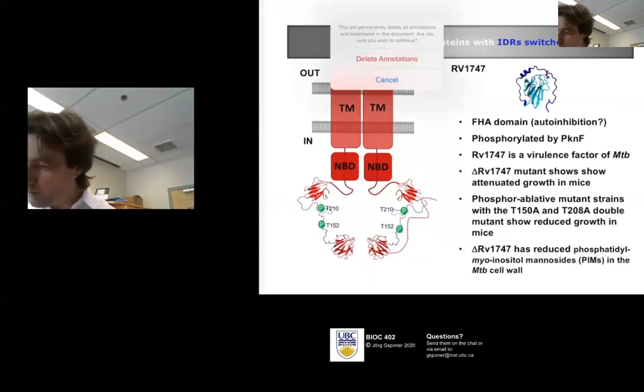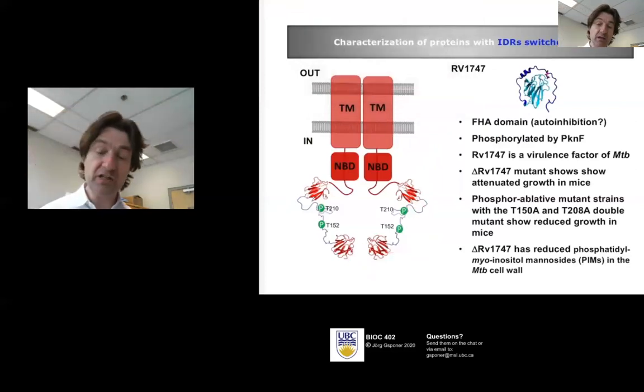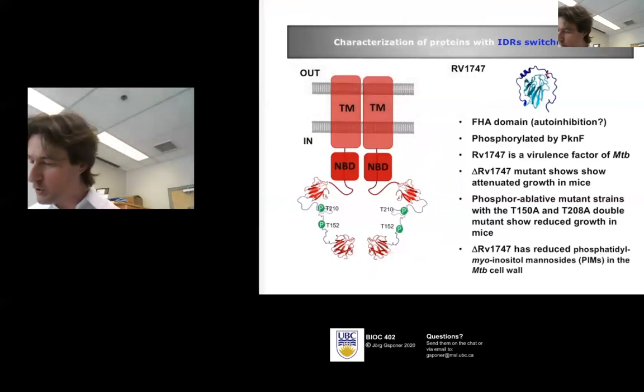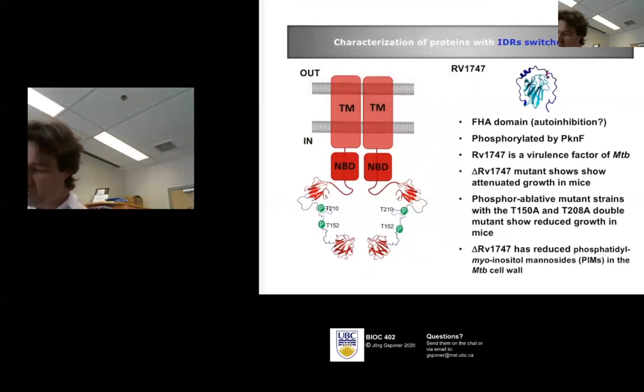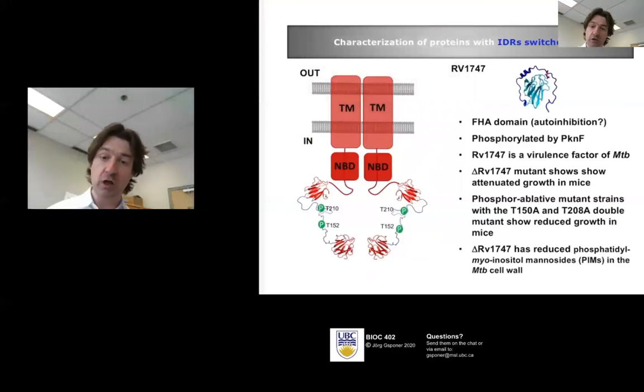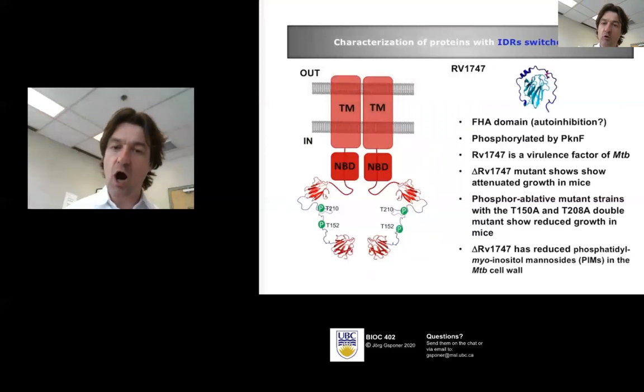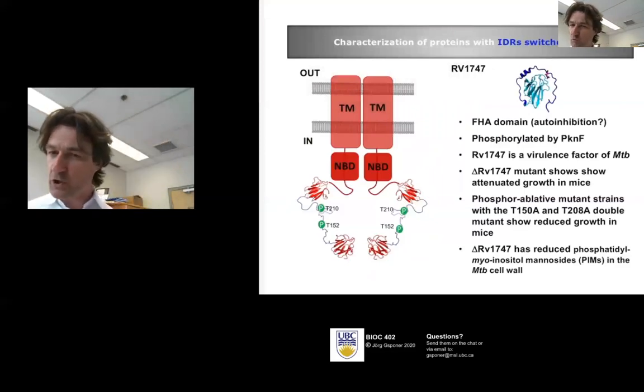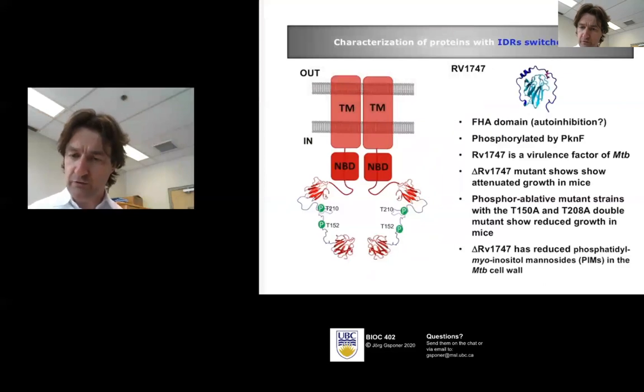And so we were wondering how this intrinsically disordered region that is conserved across the family of these transporters contributes to the activity regulation.